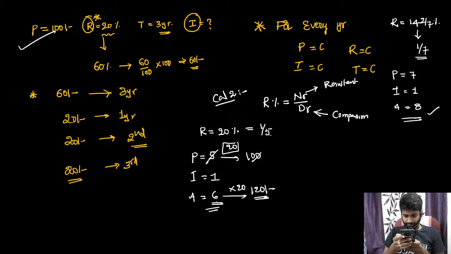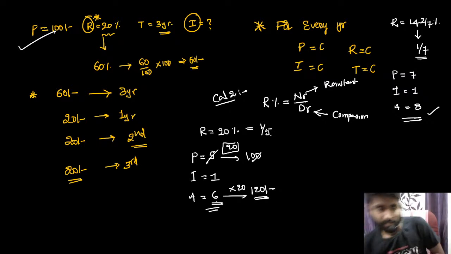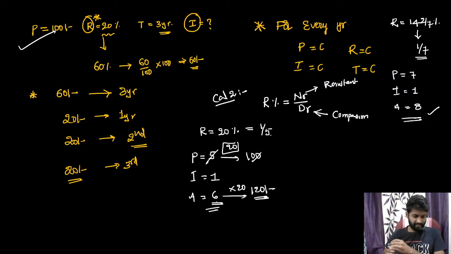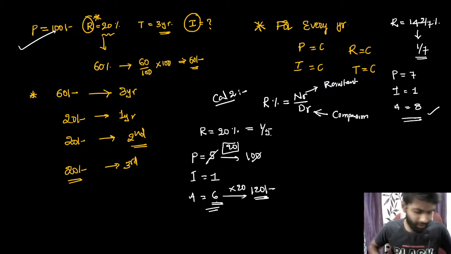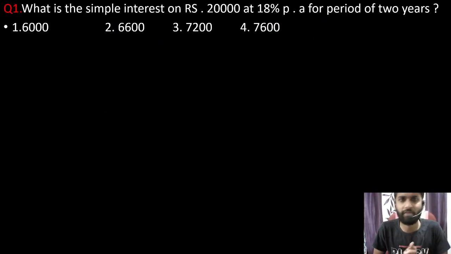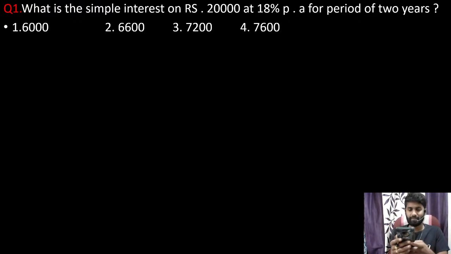Is it clear up to here? So every parameter in simple interest is always constant. Just keep every concept in mind, then you can easily solve the question now. Here is question number 1, give me the answer.